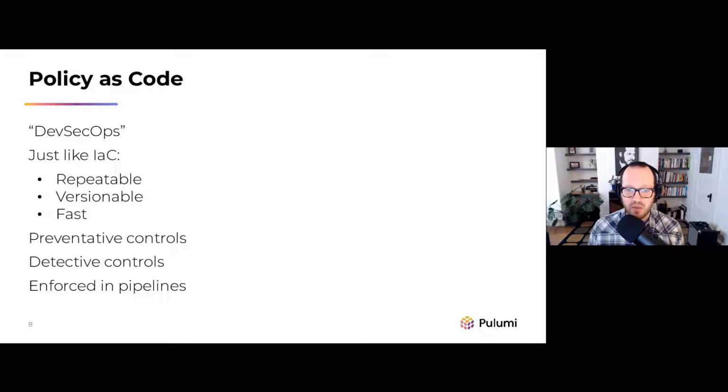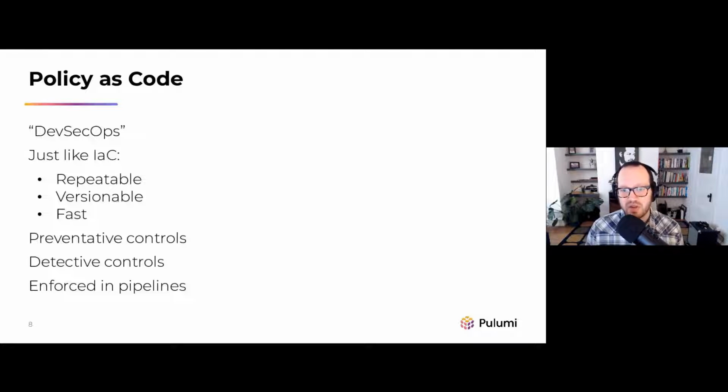In addition, when we are doing policy as code, there are 2 essential types of controls: preventative controls and detective controls. Preventative controls are policy checks that execute before we actually provision infrastructure. The majority of what we're going to be showing today with Pulumi are preventative controls.